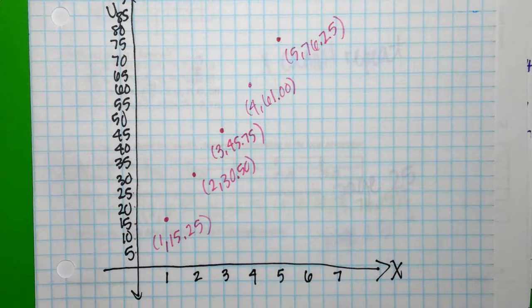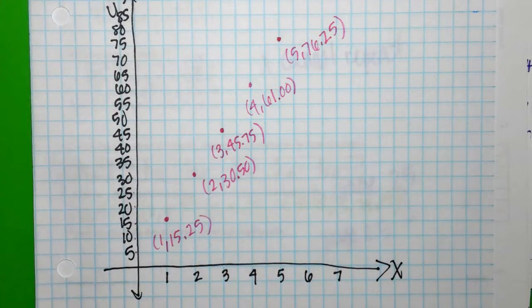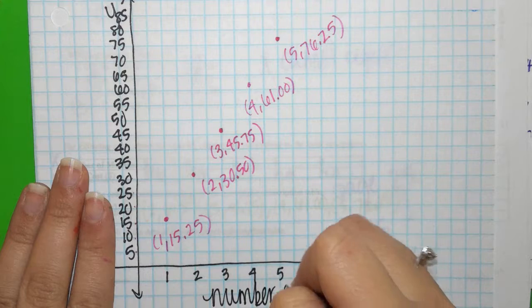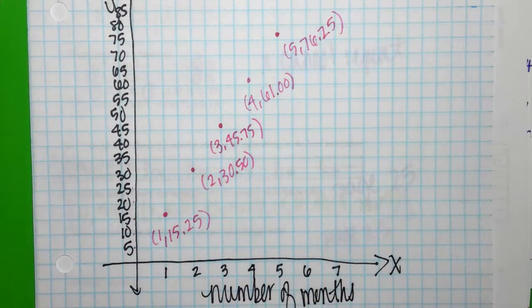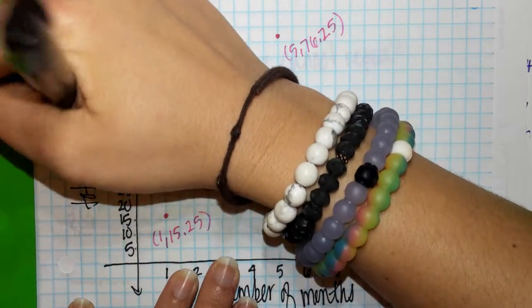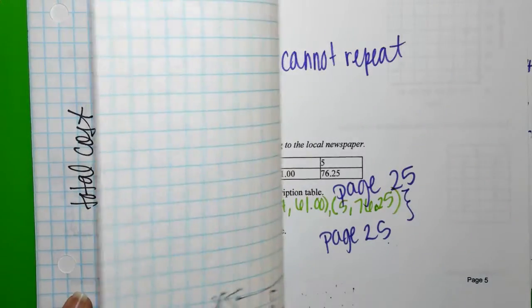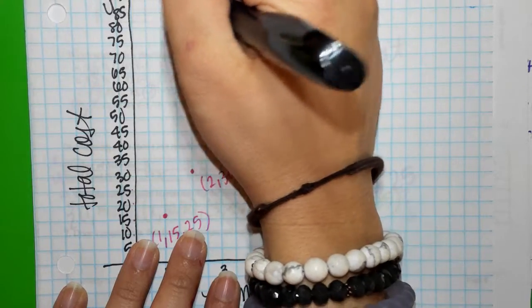Alright, now I want you to make sure you label your x-axis. What did it say our x was? On the table, what was x? And what was our y value? And what is the graph representing? Newspaper subscriptions? Yep. That's your title.